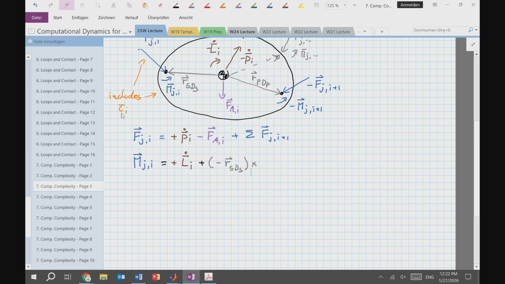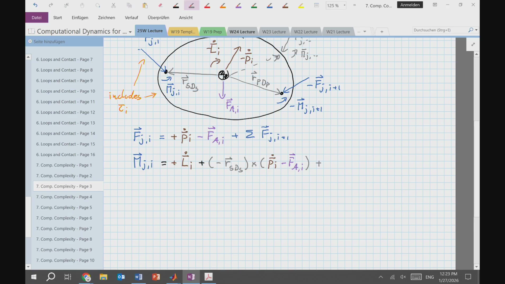So cross product with, and now we have pi, also with a negative sign, pi dot minus fa, active forces. So these are the torques generated by these forces around my joint here.